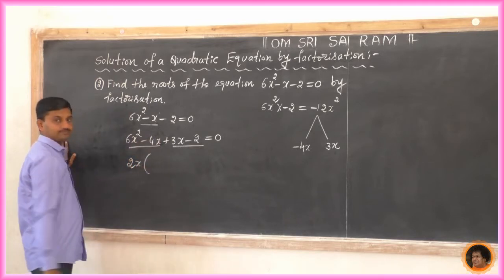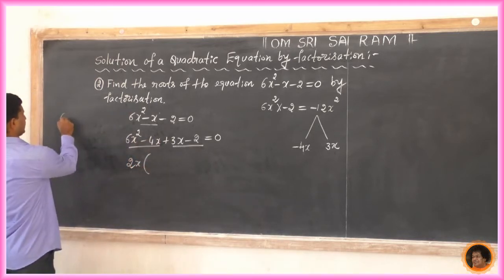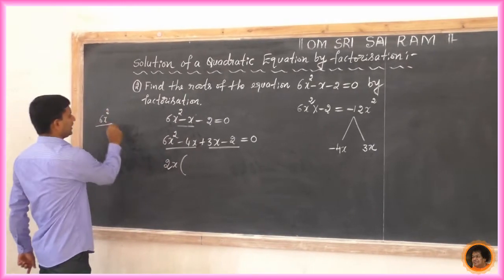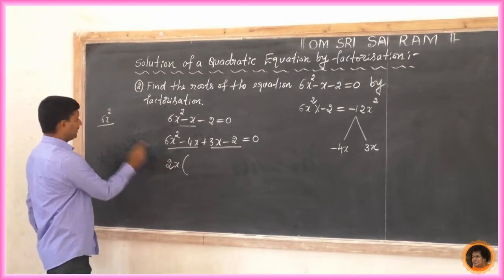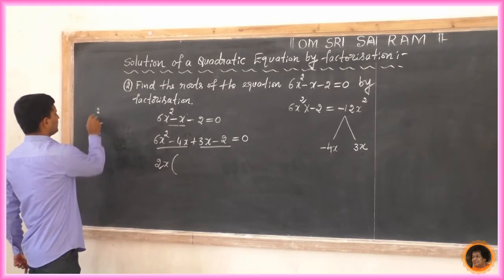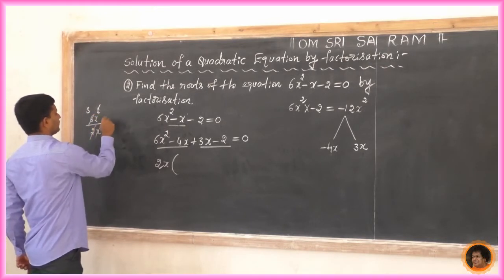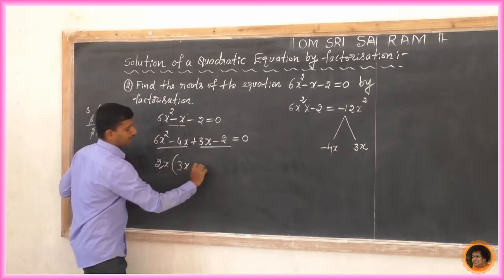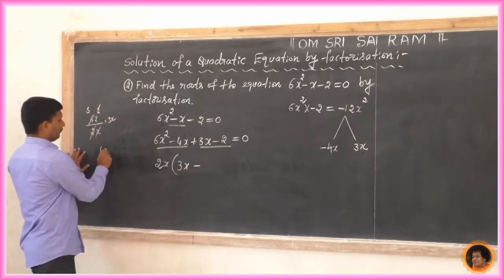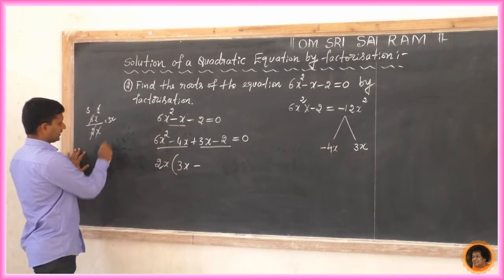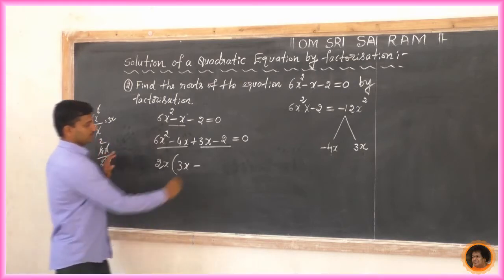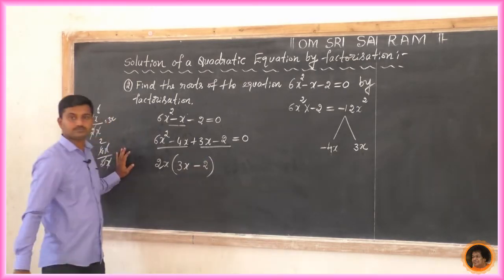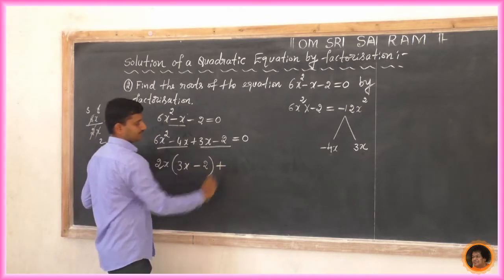So take 2x outside, meaning divide by 2x. 6x² divided by 2x: 2 ones are 2, 2 threes are 6, x cancels, so 3x. Then 4x divided by 2x: x cancels, 2 ones are 2, 2 twos are 4, so remaining 2, and the sign is minus. So 2x(3x − 2).